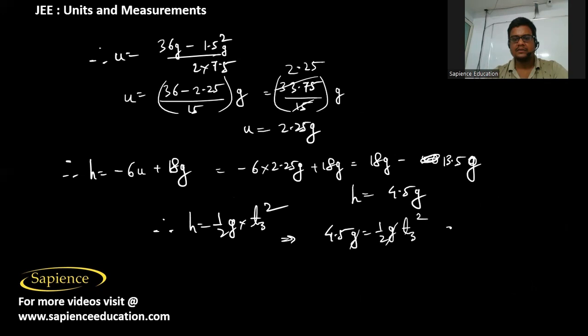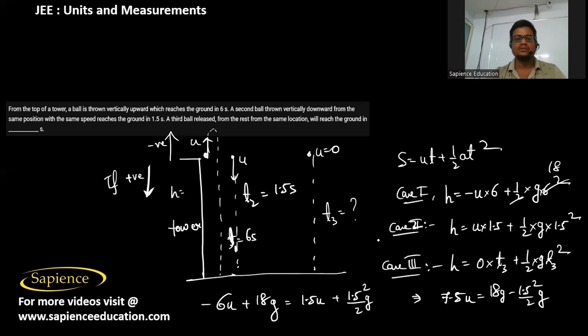So g and g will cancel. T3 square is equal to 4.5 into 2, that is 9. So T3 will be equal to 3. So in 3 seconds, the third ball will reach the ground.